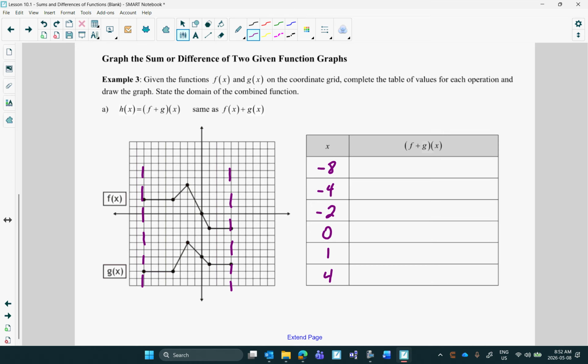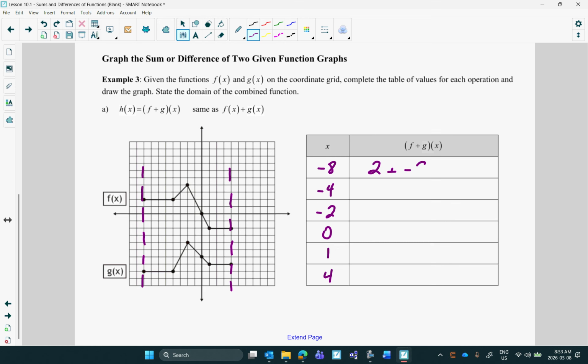Okay. For x equals -8, remember, f of x needs the y value, right? So what's the y value at x equals -8? 2. What's the y value at g of x? -8.